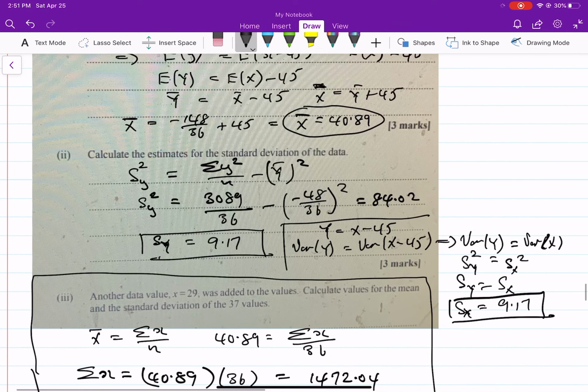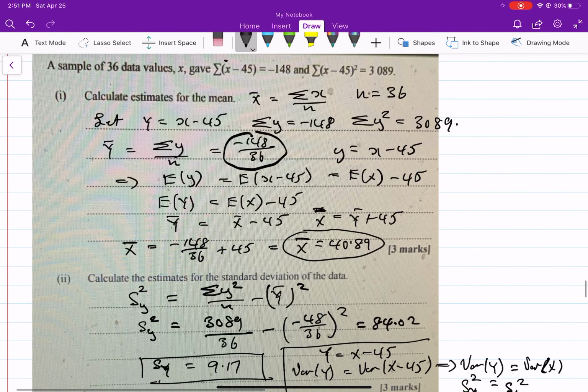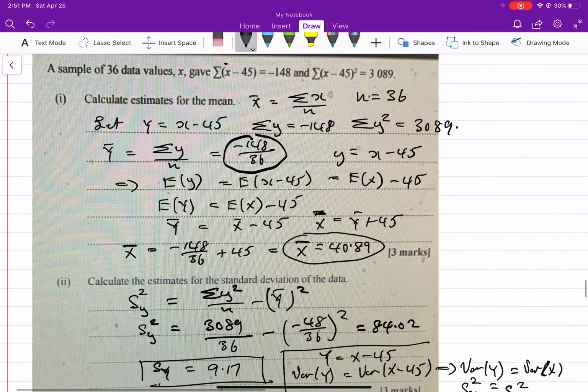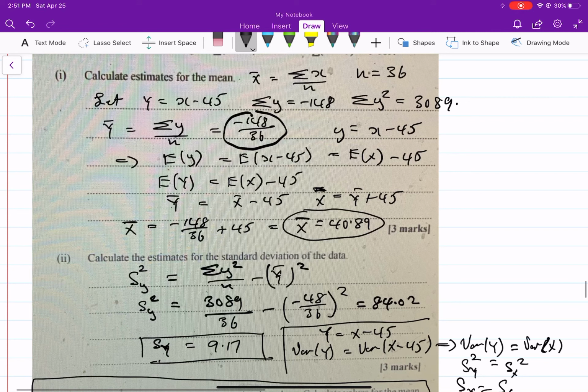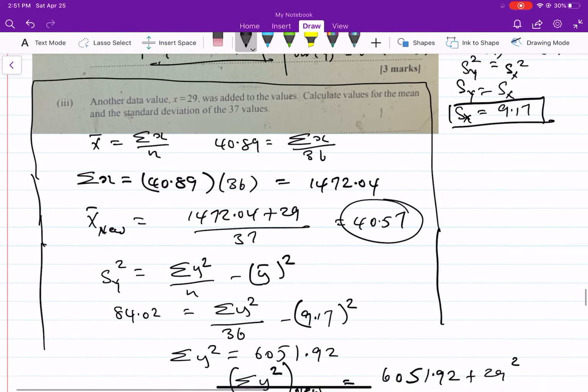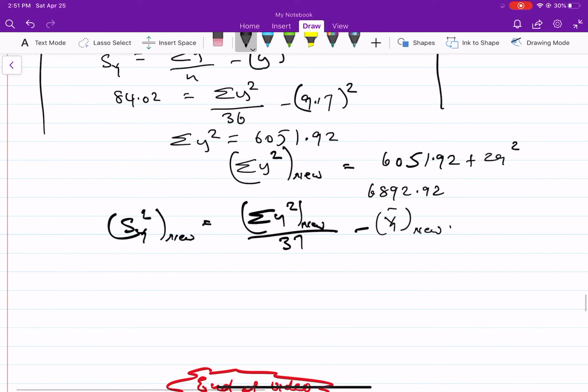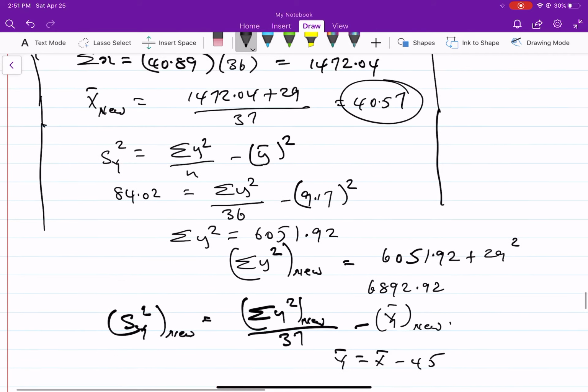If you go back up here, y bar is x bar minus 45.